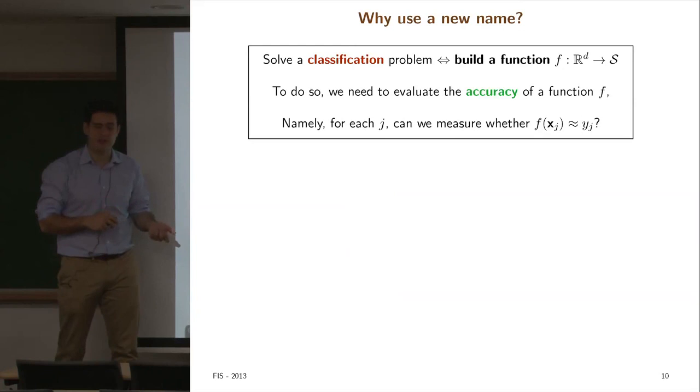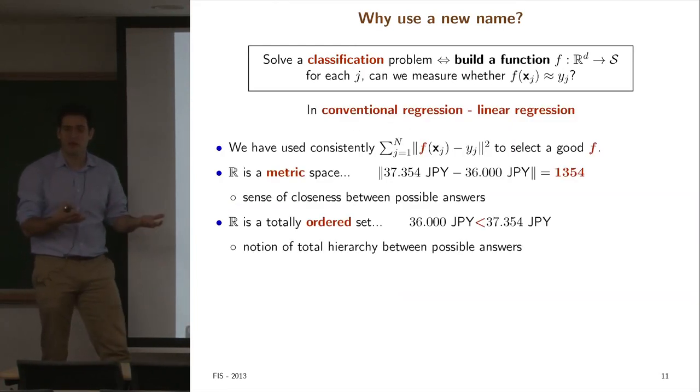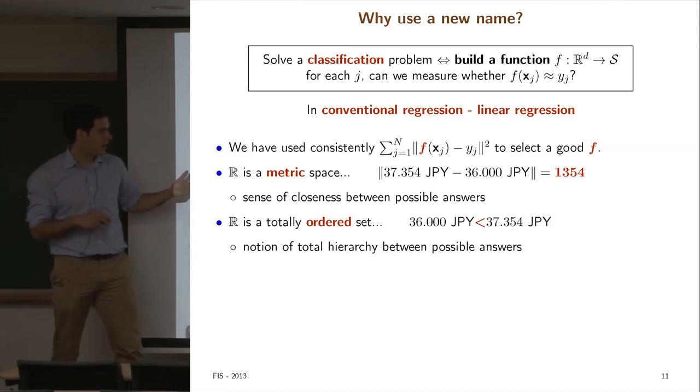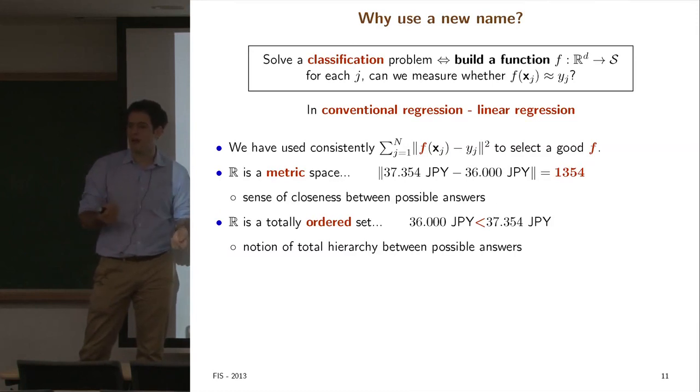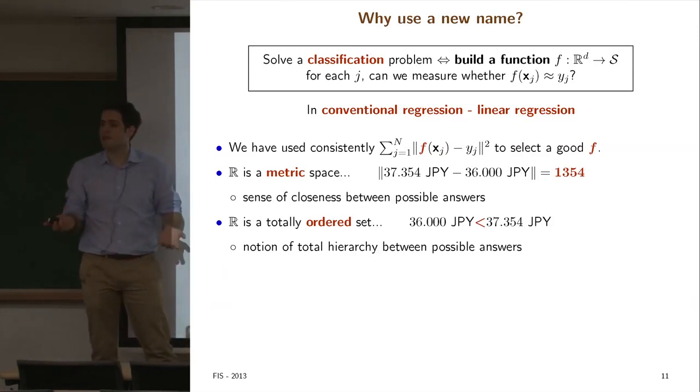But what happens if you have a linear regression or a real valued regression task? Well, it's very easy to measure that similarity. Well, it's not very easy, but at least we have mathematical tools to do that. And you haven't doubted my formulation when I introduced the least squares regression, because somehow it makes sense.